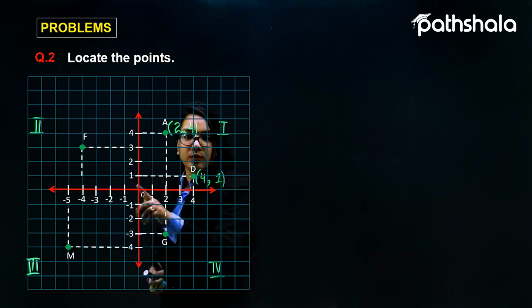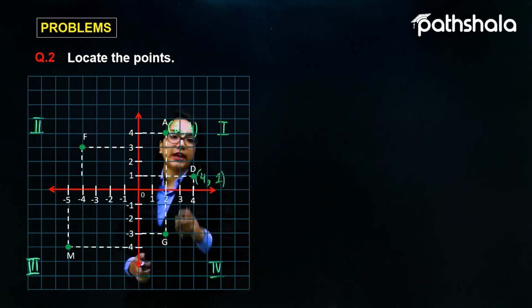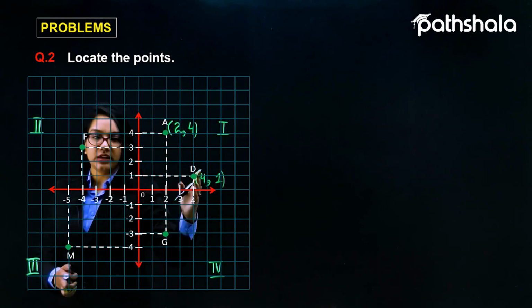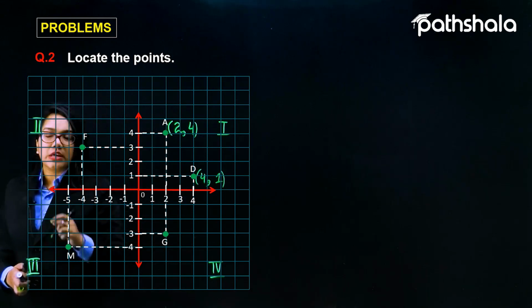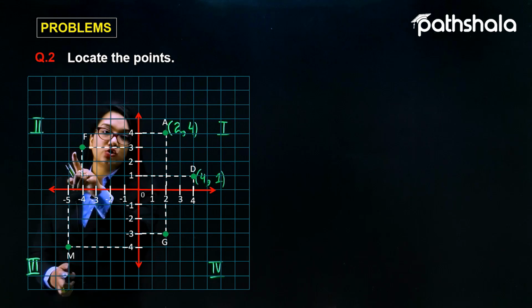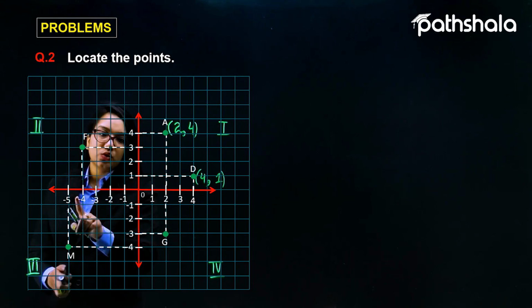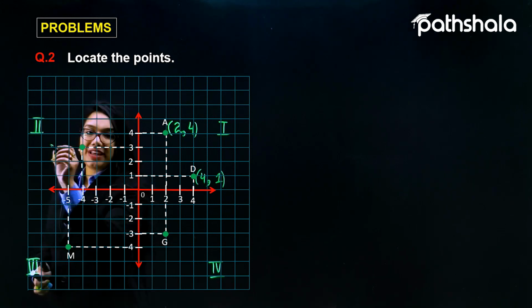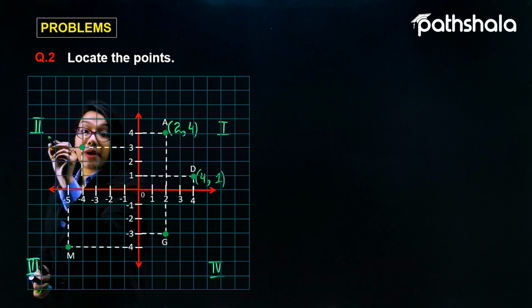So in the same way like we did with A and D, let's talk about the point F. First of all, let's see where it is joining with the x-axis. As it is joining with the negative x-axis at the number minus 4, its abscissa is minus 4.